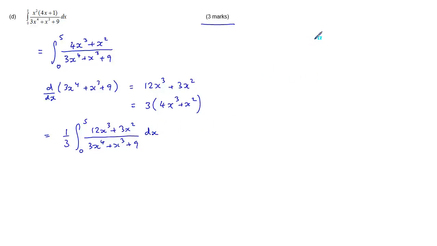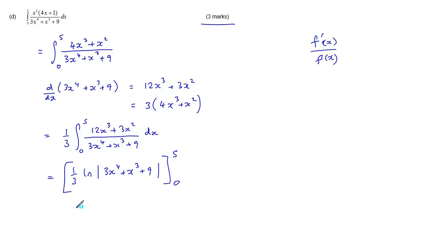That's an integral of the form f dashed x over f of x. So we know that's going to be 1/3 ln 3x to the 4 plus x cubed plus 9 to be evaluated from 0 to 5.